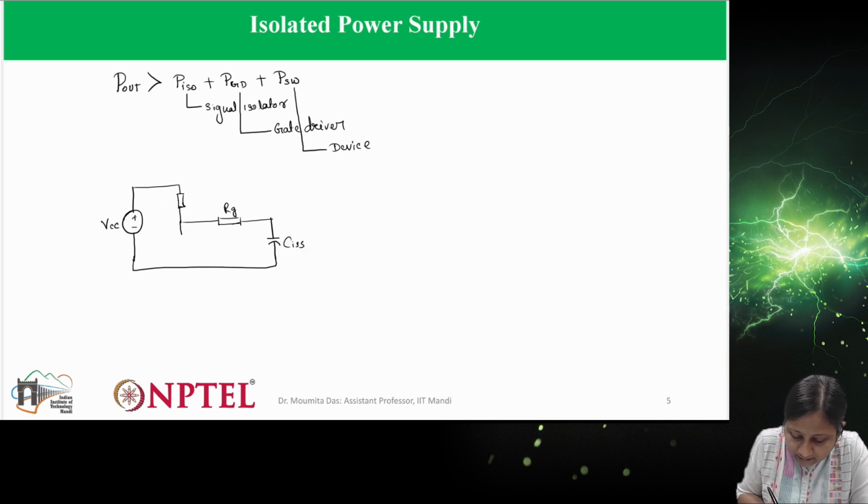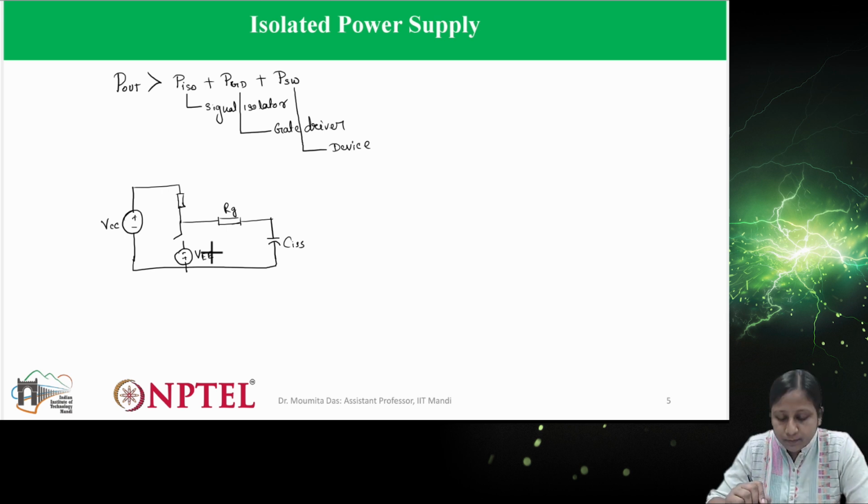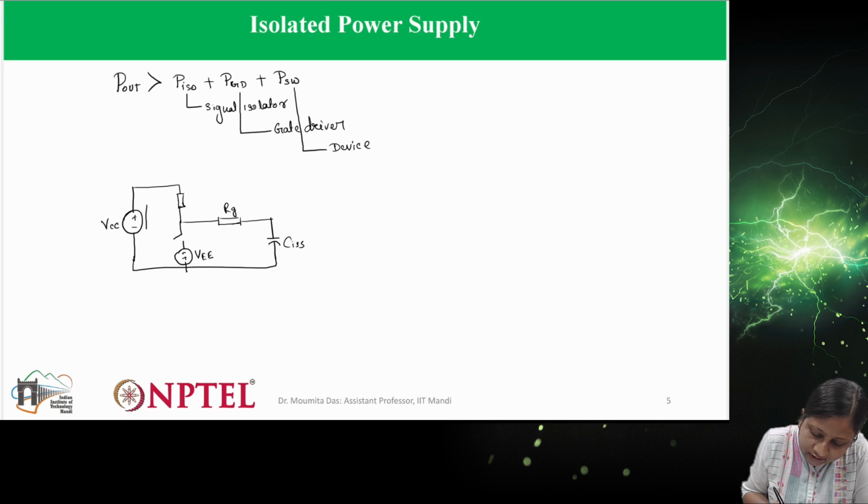If there is any negative supply which we need for these wide bandgap devices, then this negative supply loop will not be in working condition during the turn on condition. The current will flow from the positive supply through the gate resistance to the input capacitor. This is during the turn on time.